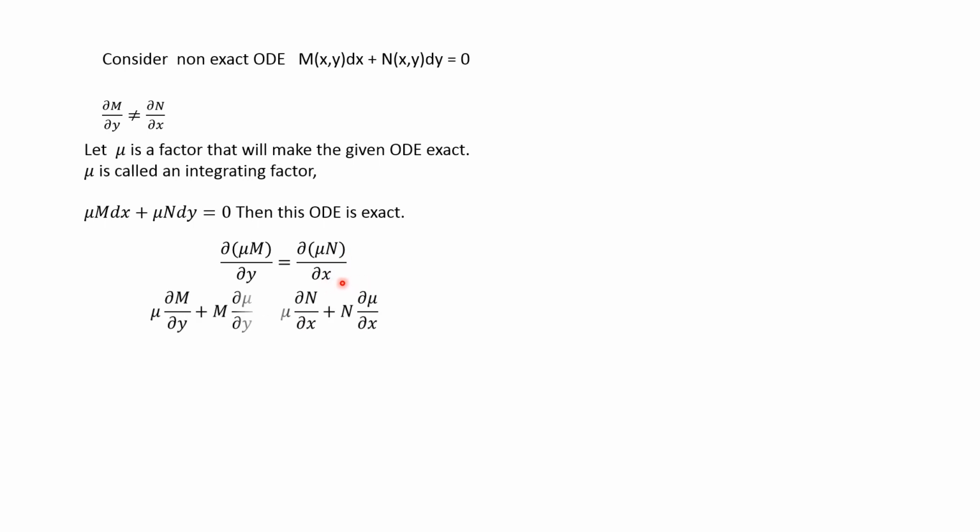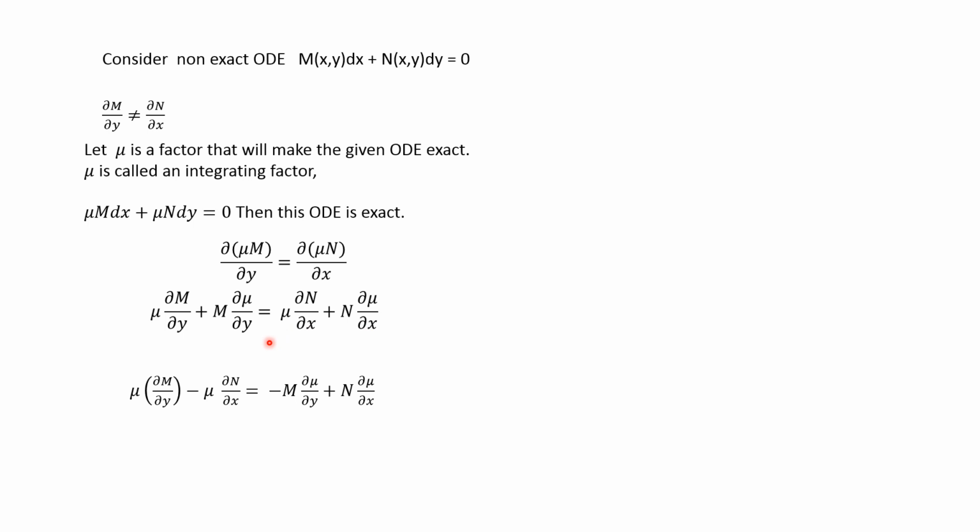Now, simplifying this, this is a product. This is mu times the partial derivative of M with respect to y plus M times the partial derivative of mu with respect to y, which must be equal to mu times the partial derivative of N with respect to x plus N times the partial derivative of mu with respect to x.